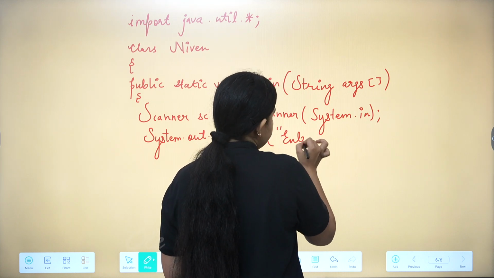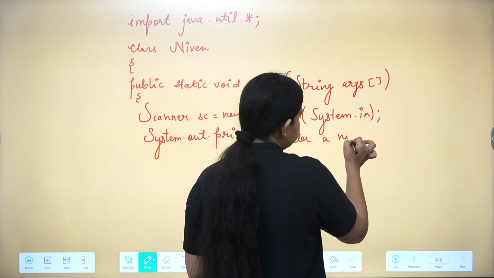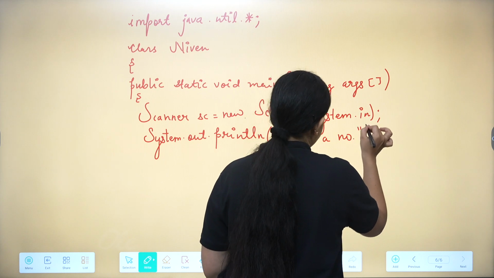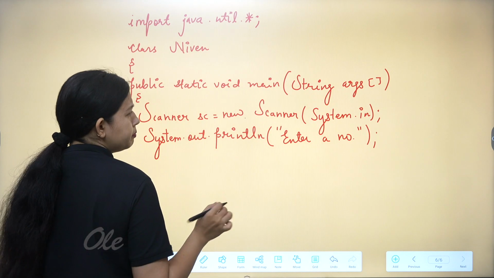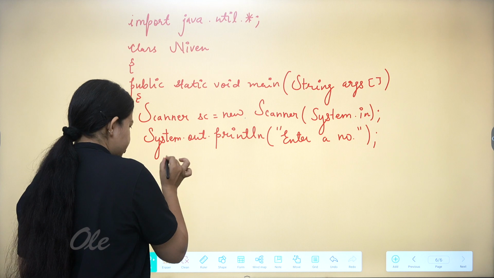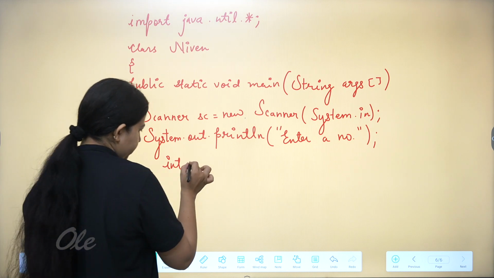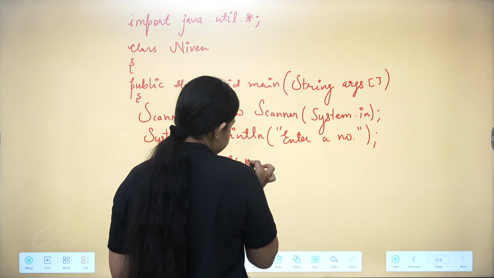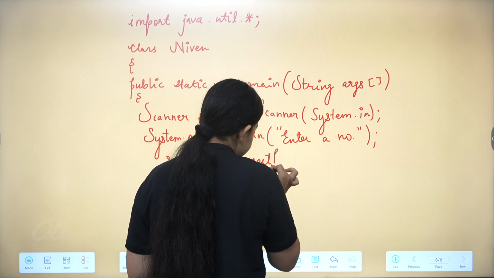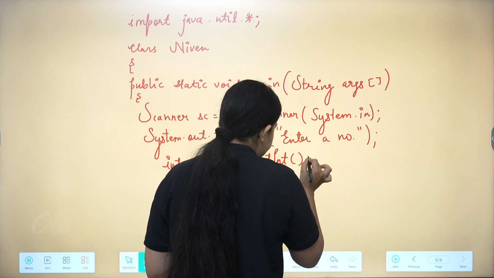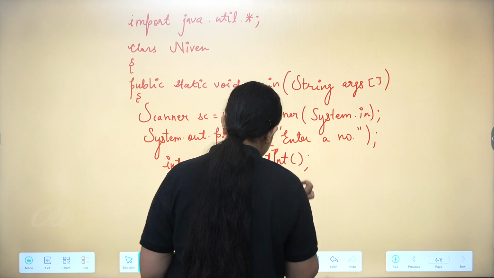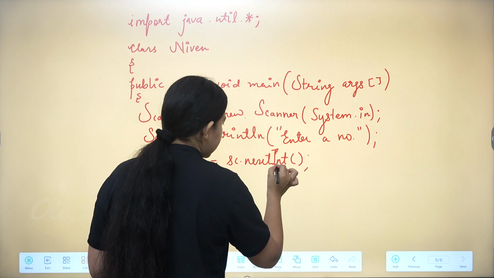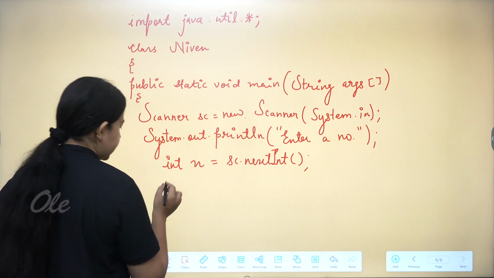So I'll give "enter a number". I'm writing a short form; you can write a full message over here. And as we have already decided, the number should be integer, so I'll take a small n, and with the help of this sc, we call the nextInt method. The I should be capital in Int, and there is no gap between next and Int.